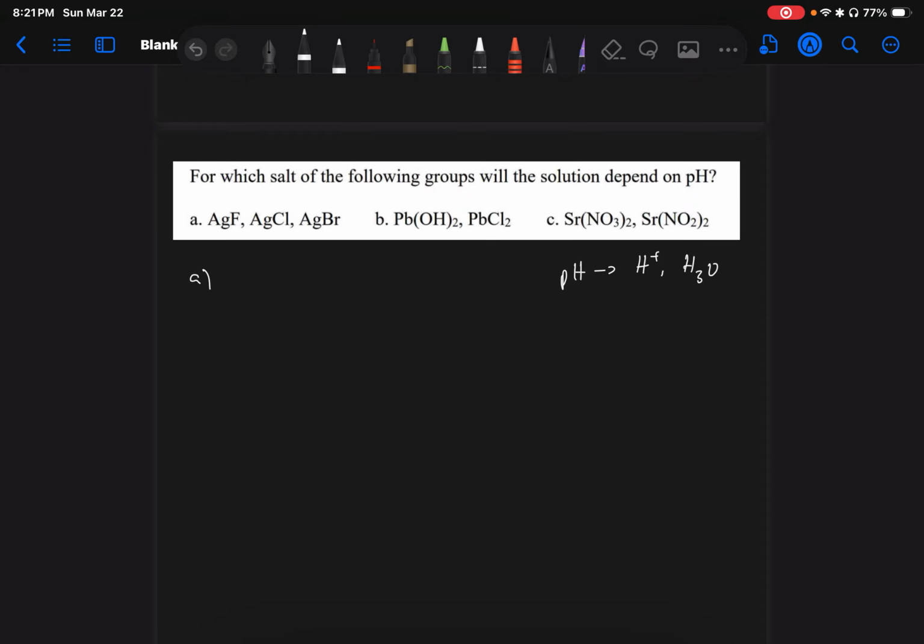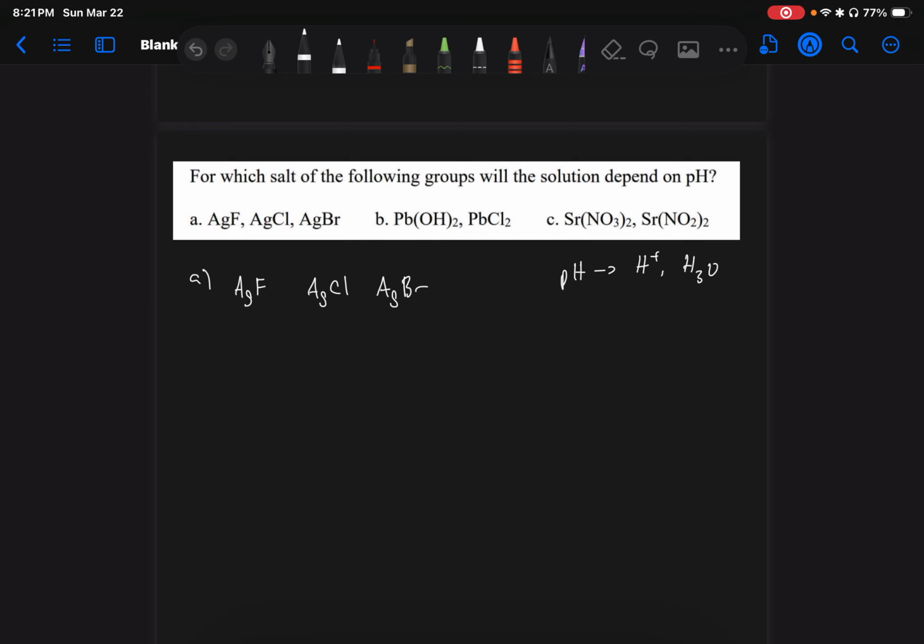So, out of AgCl. Okay, I have a hypothesis. Actually, no, I don't anymore. So HCl and HBr are strong acids.